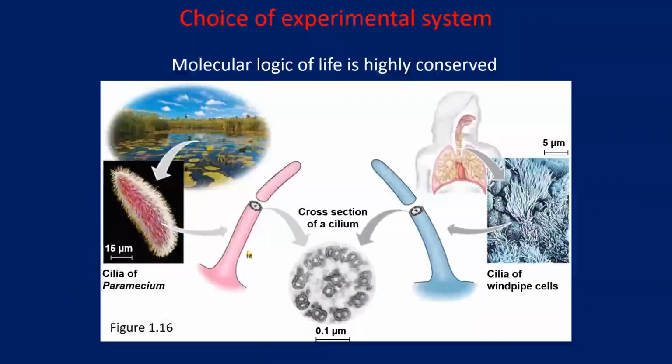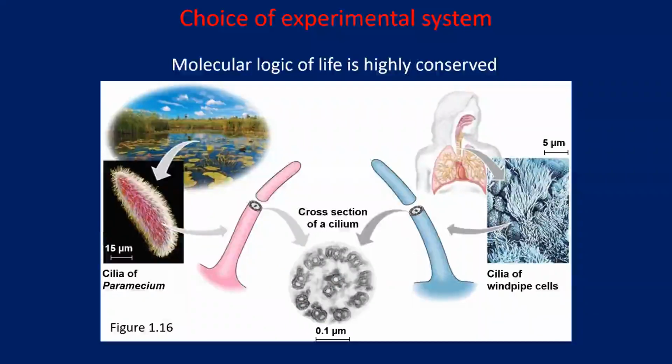So now you have the choice of experiment, and again I'm giving you one analogy from nature. In the first class we have seen two organisms, and we have seen this cilia, and the cilia structures are very similar, the architecture is very similar, and they have very different functions.